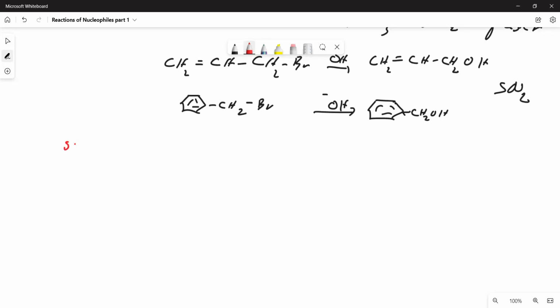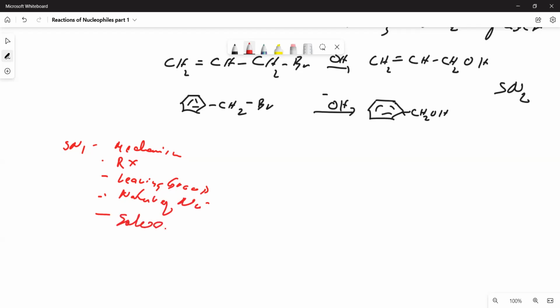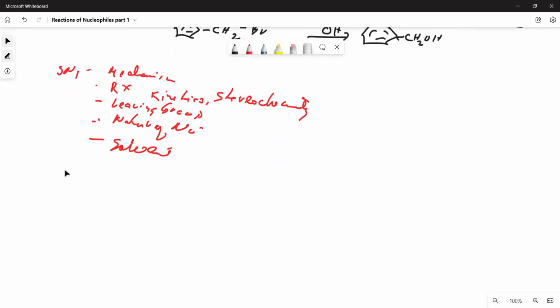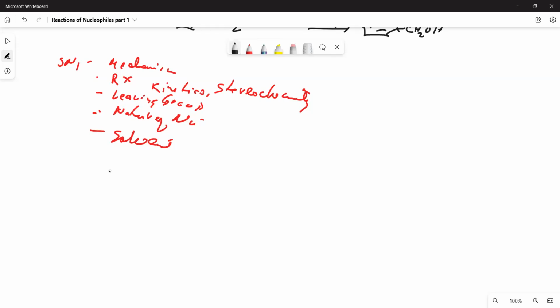So again, for SN1, we look at the mechanism, the structure of the alkyl halide, the leaving group, the nature of the nucleophile, the solvent effect, and of course the kinetics and the stereochemistry. Let's compare that with SN2.